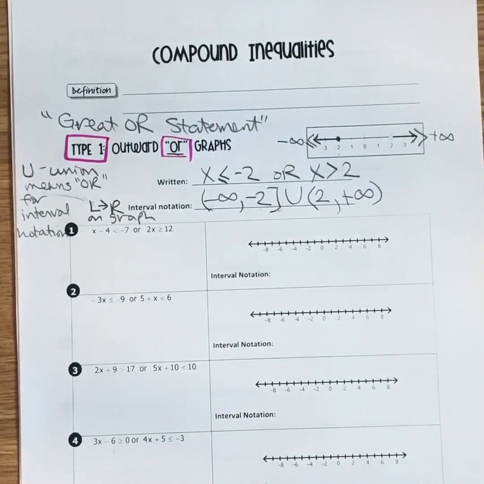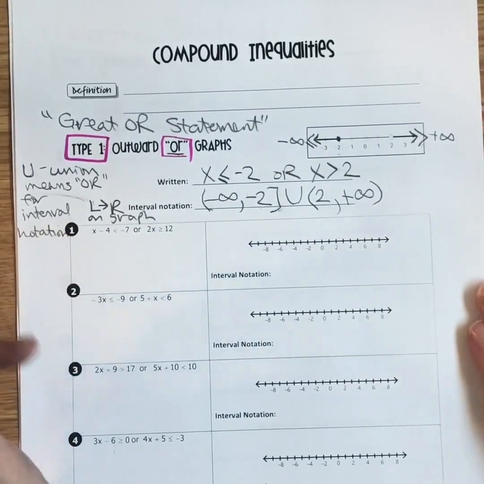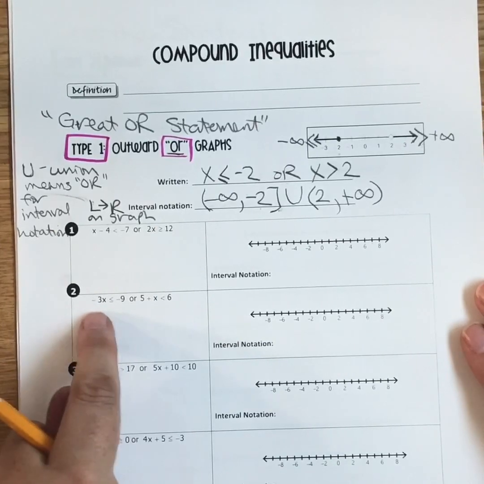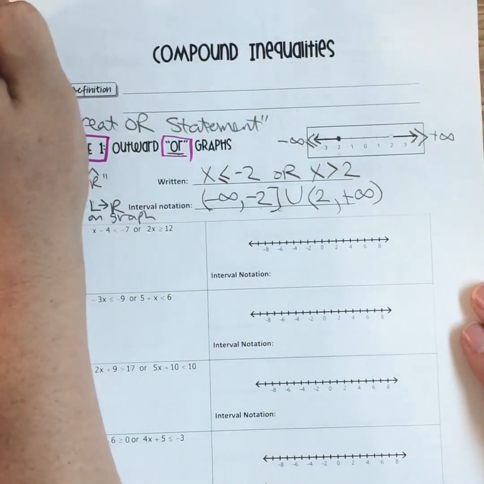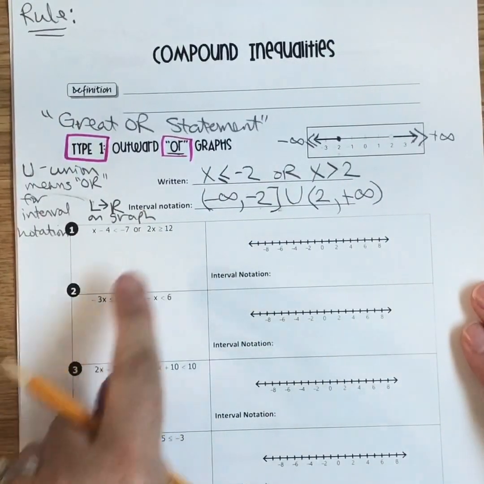Okay. So the first thing, there's one other rule I want to remind you of for number 2, it just reminded me. And this is the rule that should pop in your head anytime there's inequality symbols.